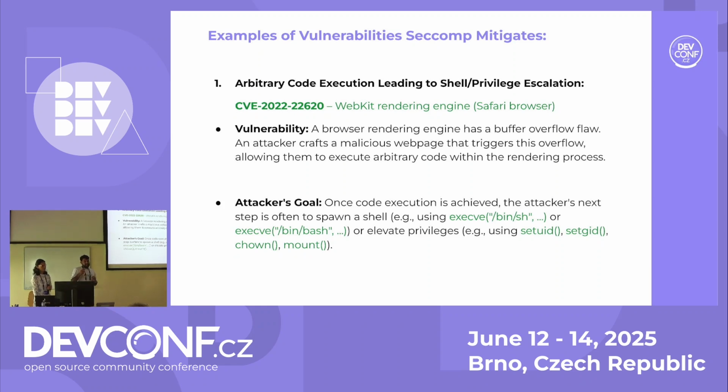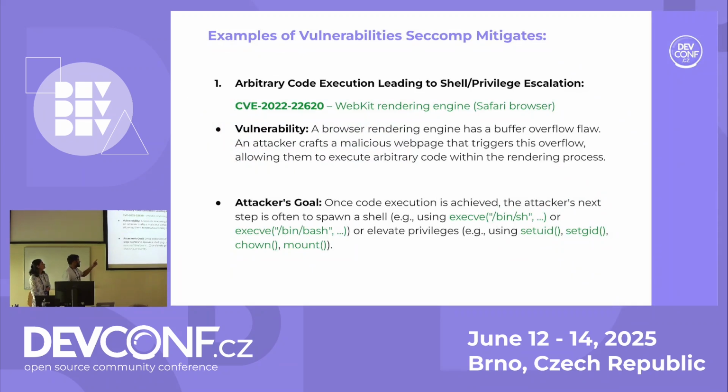Due to that, a few system calls get called, such as execve or mount. He tries to mount, and tries to get access using setgid, setuid. Those system calls get called, and that is nothing but a malicious or compromised system. So how is this mitigated by using Seccomp?